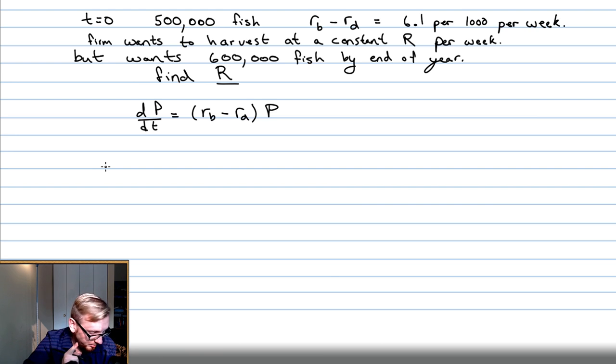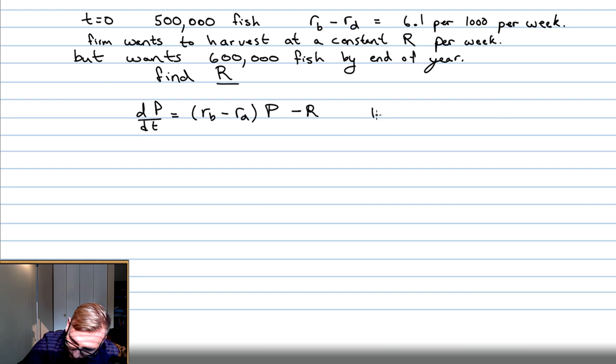So the migration rate for us would be considered the harvest rate, R. But we are going to be taking away, minus R. There you go. So we would add R if we were adding people to it, like if a city was growing. But we want to take away from it. We're harvesting. So we're going to take away our harvest rate. And the harvest rate is positive.